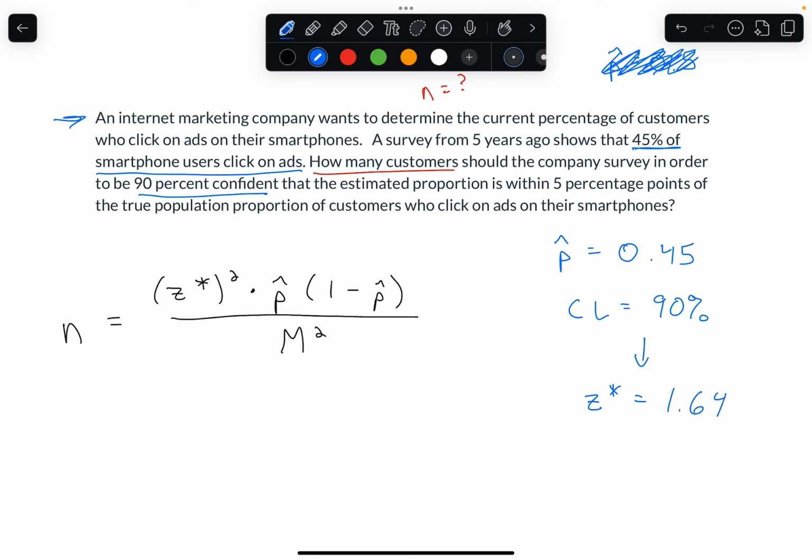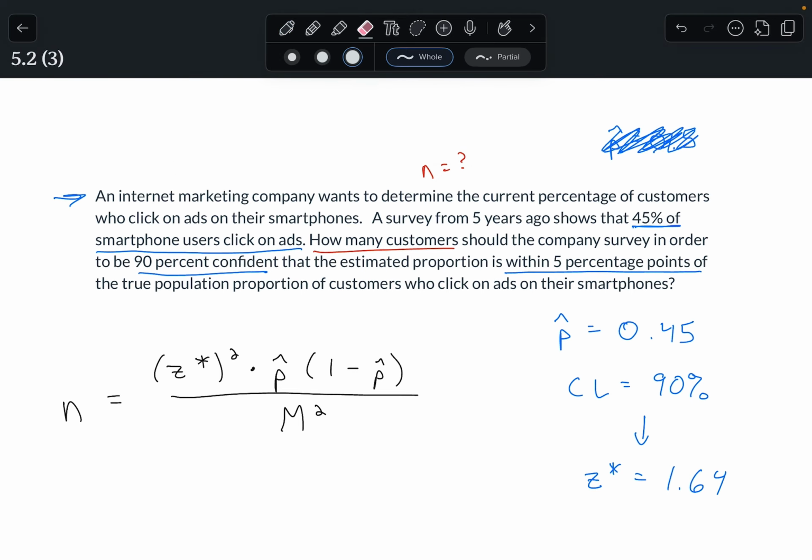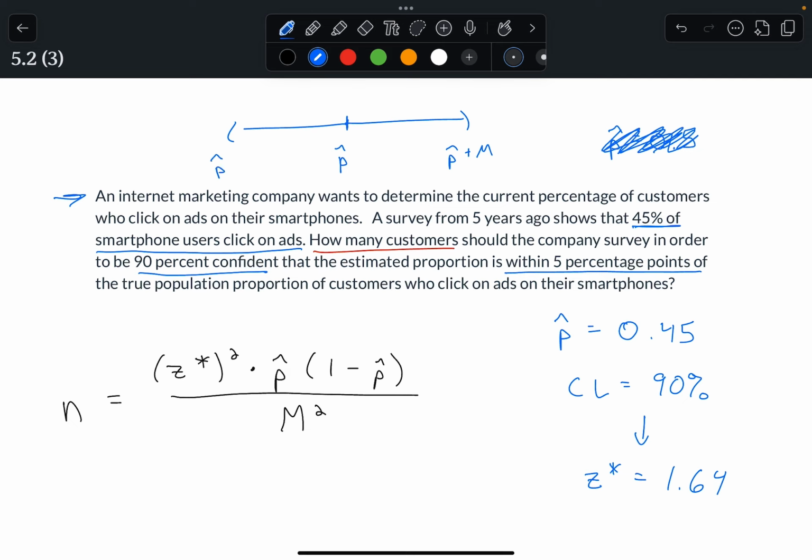Remember, you can look this up using your critical Z-scores table that should be included with the formula sheet for this particular chapter. So we've got our 90% confidence that the estimated proportion is within 5 percentage points of the true population proportion. What that means, if we were to draw this out, is, remember when we build a confidence interval, we say here's p hat, and then we add our margin of error, so p hat plus my margin of error, and we subtract my margin of error.